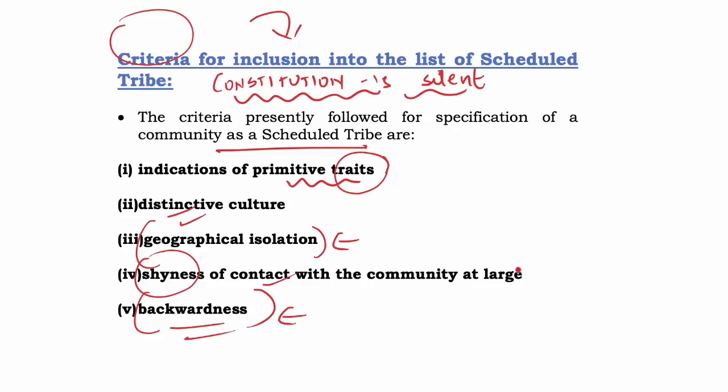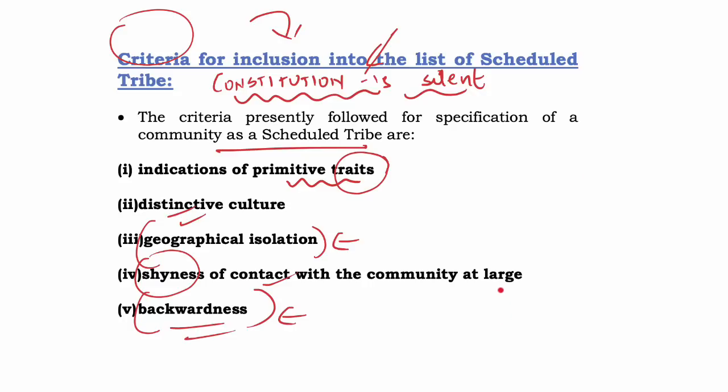So these are the 5 criteria that are currently used for a community to be included under the scheduled tribes. That includes primitive traits, backwardness, shyness, geographical isolation, and following a distinctive culture. It is to be remembered that the constitution is silent regarding the criteria for inclusion.